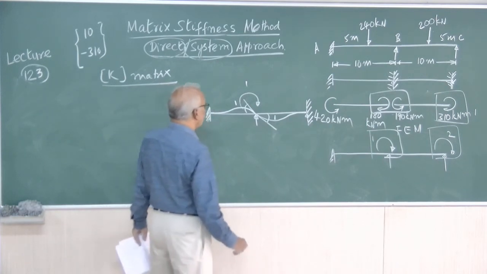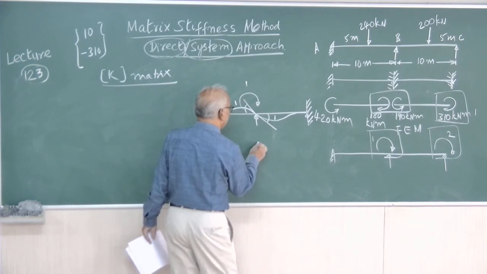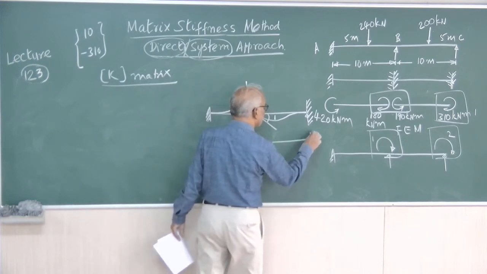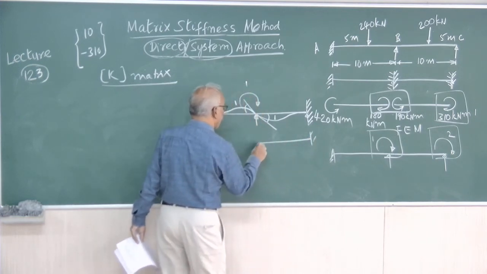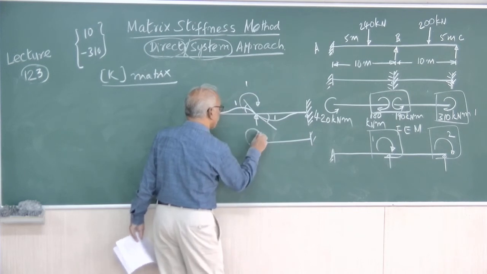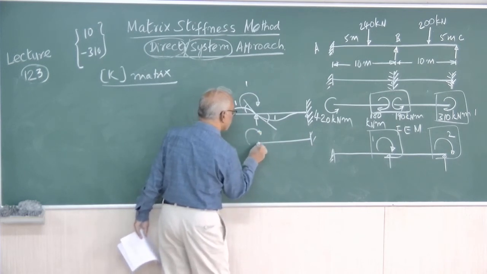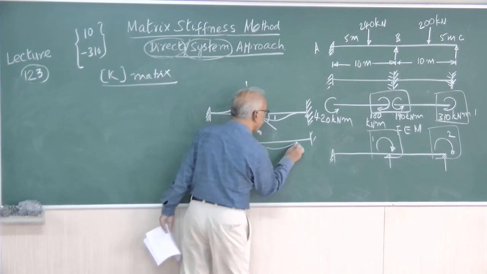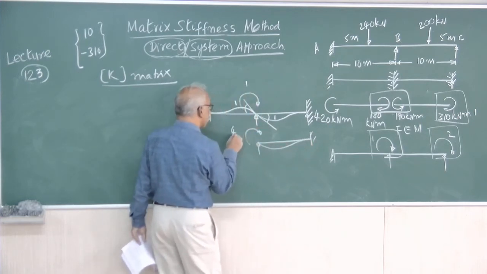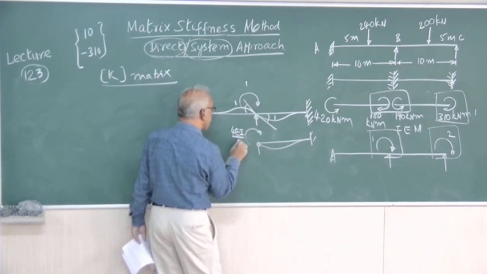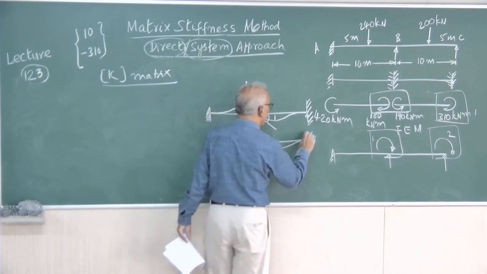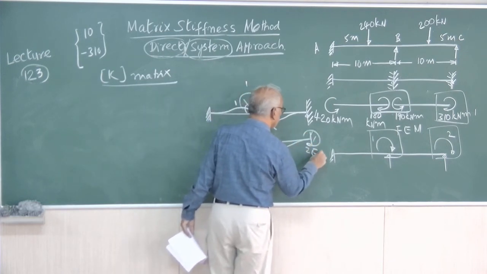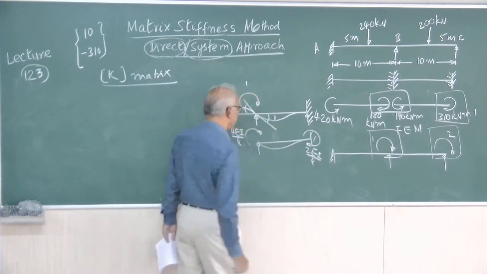Now we know from the basic concepts, suppose this is fixed and this is simply supported, the moment that is required for causing unit rotation, when the far end is fixed, is 4EI by L, and the carryover moment is 2EI by L. Right.